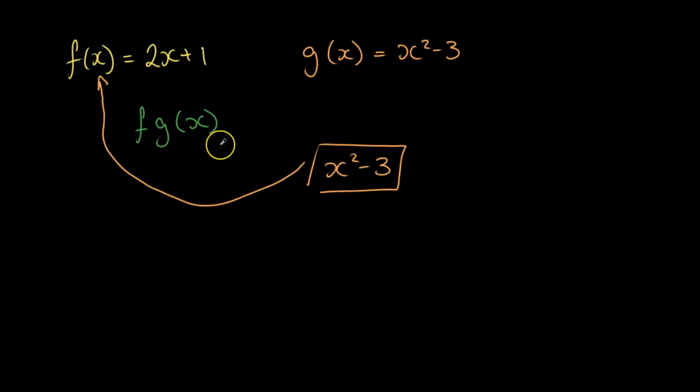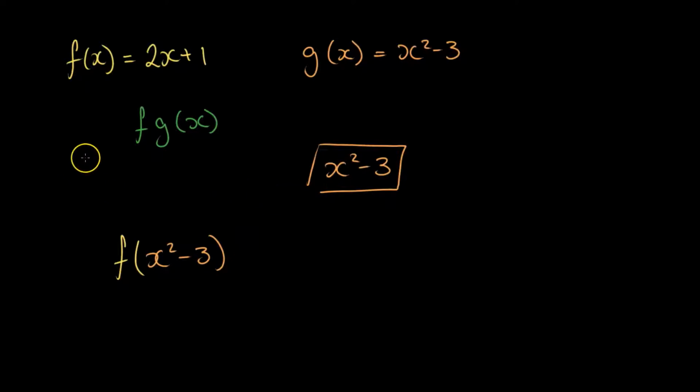So here, instead of writing f of x, I'll be writing f of x squared minus 3. So instead of writing f of g of x, I can simply write f of x squared minus 3. So instead of the x going into this function here, it's now x squared minus 3 going into that function.